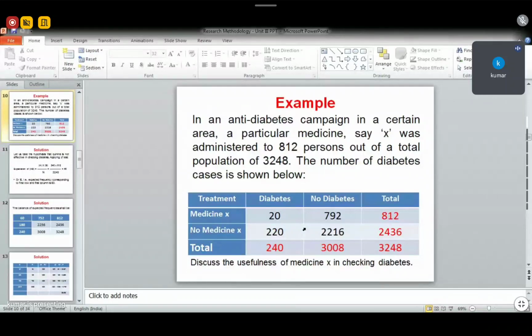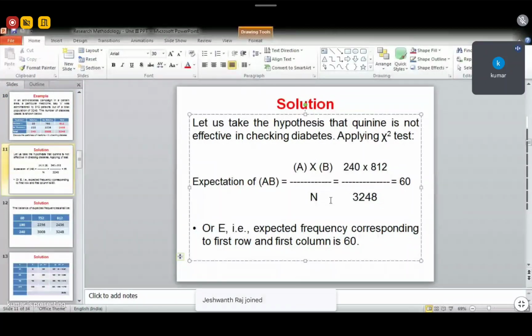To find the expected frequency, you take the total of the particular column, 240, and multiply it with the total of the particular row, that is 812. This product is to be divided by the grand total, that is 3248. I will show the formula so that you can understand this. So this is how it should be done.